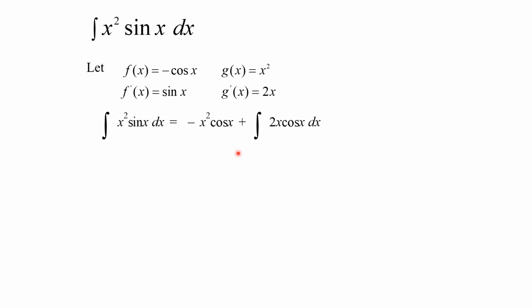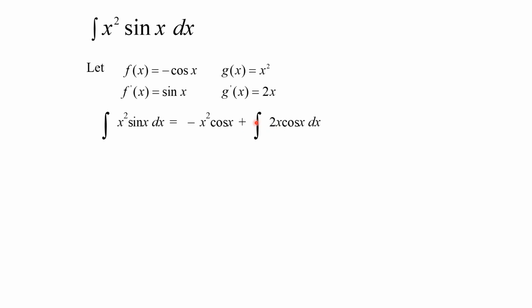When you arrange it into the formula, you will get g x, which is x squared, multiplied by f x, which is negative cos x, and then minus integration of g prime x f x.